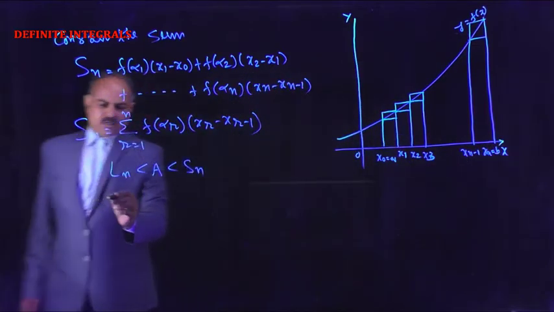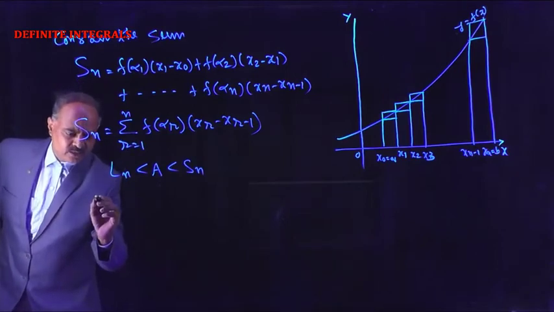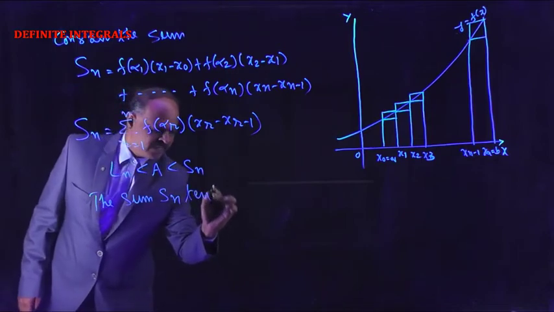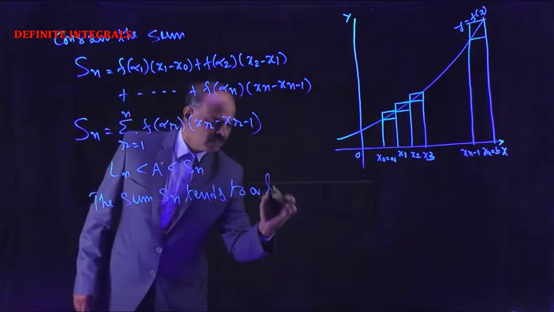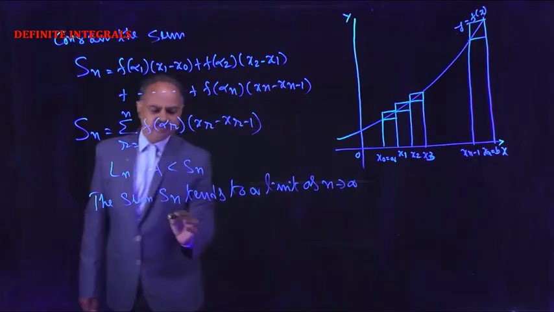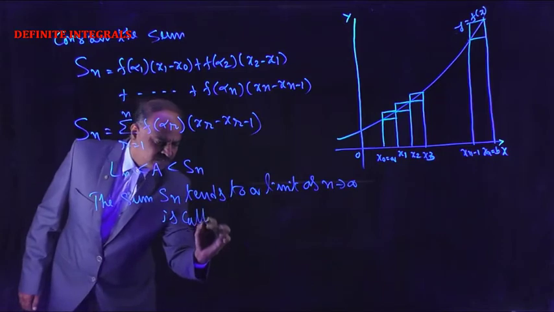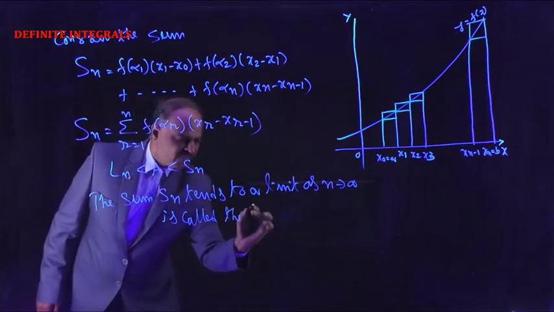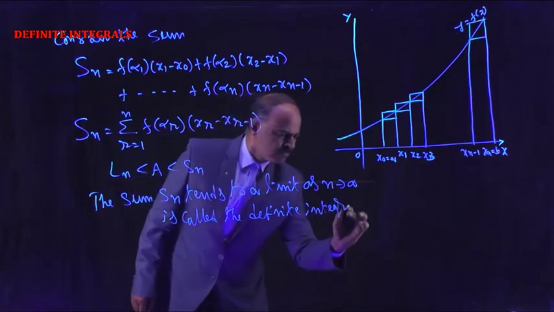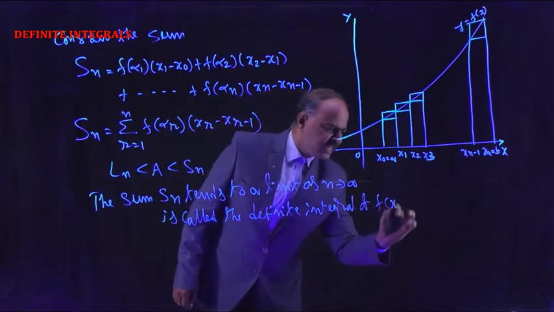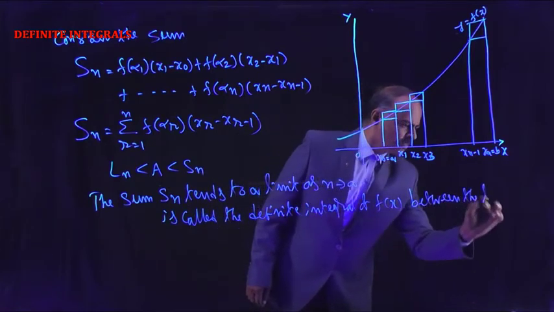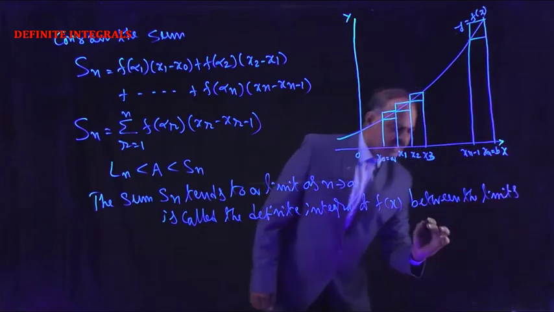Now here the sum Sn tends to a limit as n tends to infinity, is called the definite integral of f of x between the limits a and b.